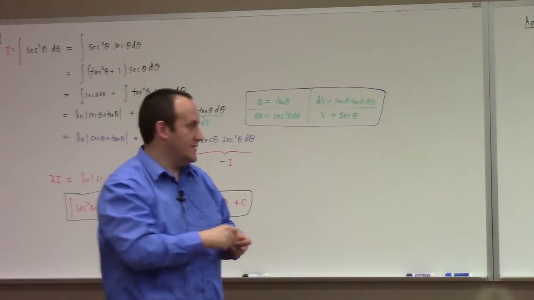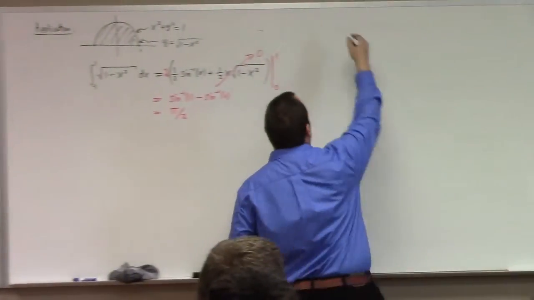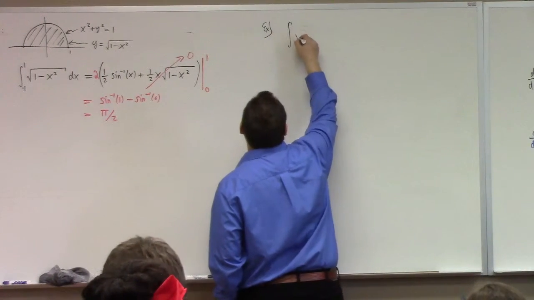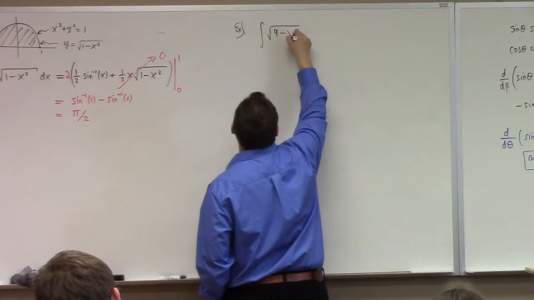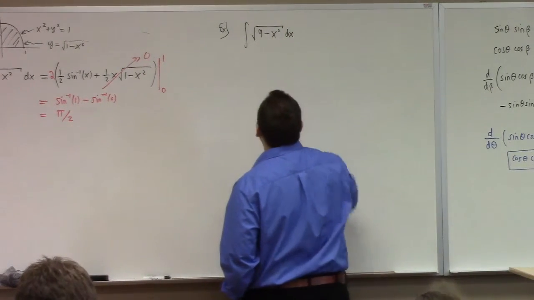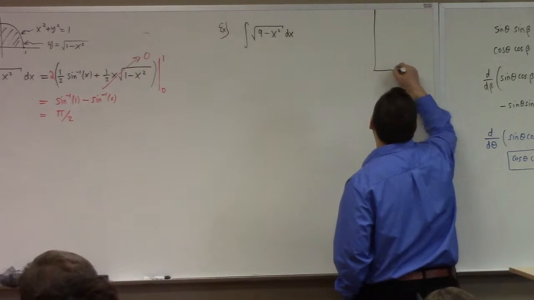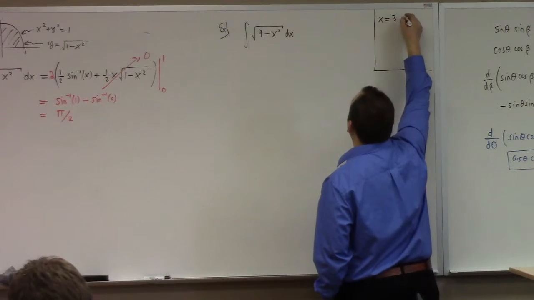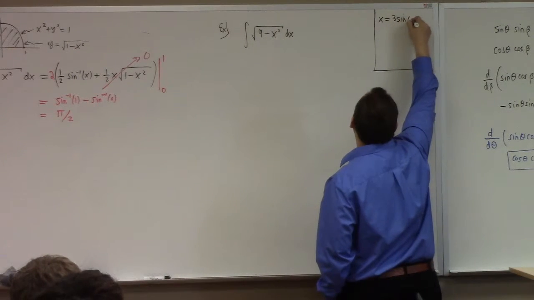I think you need to see more examples. What if we were to try to integrate, say, the square root of 9 minus x squared dx? So this time, what we're going to do is we're going to let x equal 3 sine theta. Looks like sine theta worked pretty good for us last time.